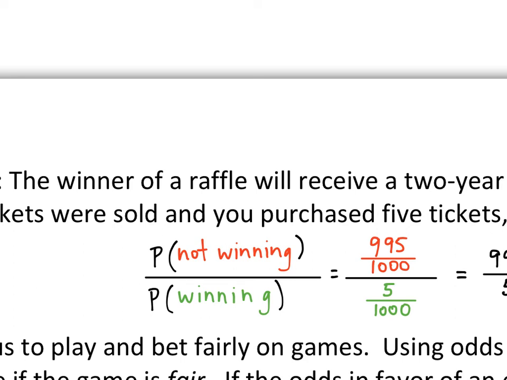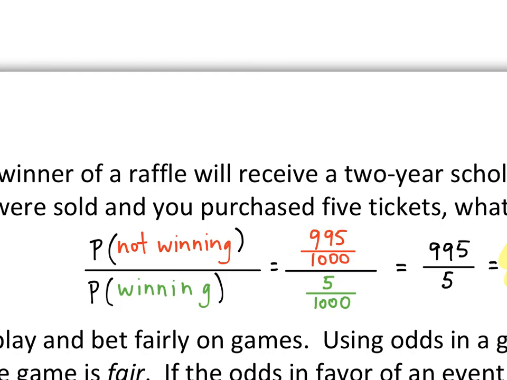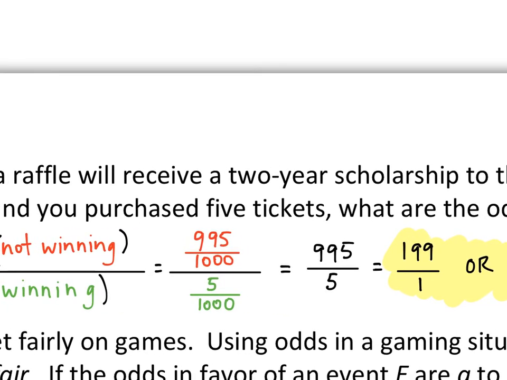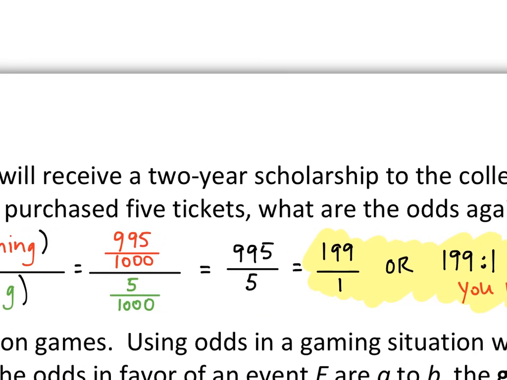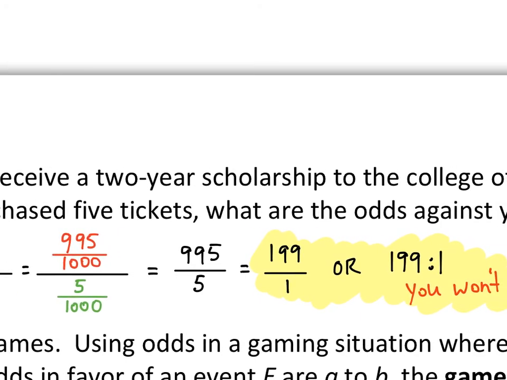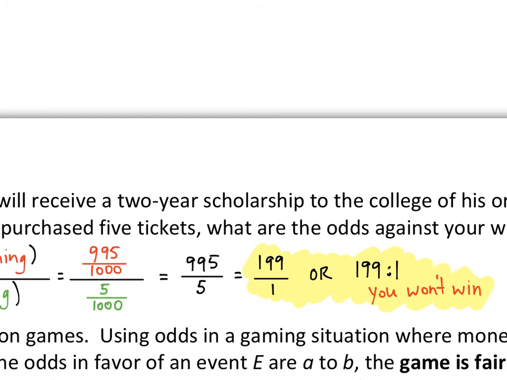So our setup is going to be 995 over 1,000, all over 5 over 1,000. The thousands will essentially cancel, and as we continue cleaning up, we get 995 to 5, or 199 to 1. So the way we would read this is there's 199 to 1 that you won't win.